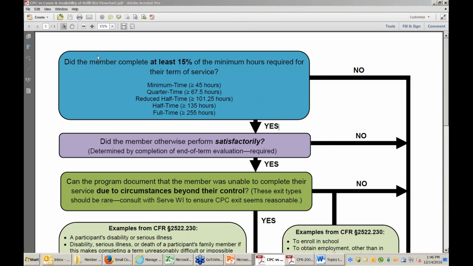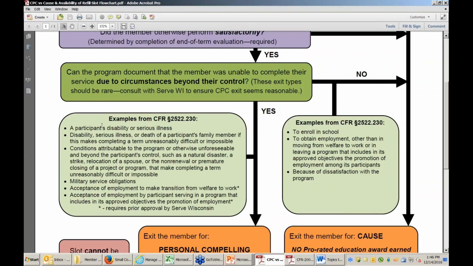So this is going to be a helpful resource for you if you're ever looking to determine more clearly what members are exited under. Also, it does a good job of referencing the law in specific. These are the reasons that I mentioned earlier why a member might be exited for compelling personal circumstance specifically.